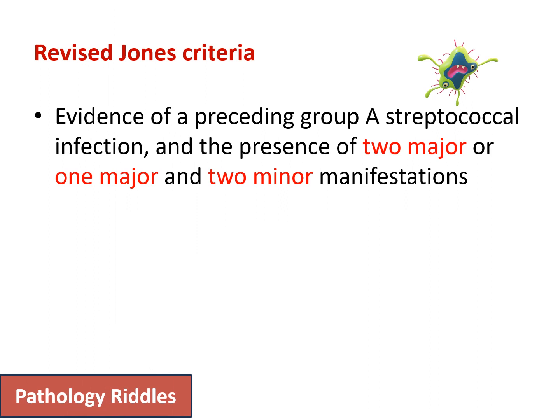So how to diagnose rheumatic heart disease? Basically, there are criteria called the revised Jones criteria. There should be evidence of a previous group A streptococcal infection, along with two major or one major and two minor criteria.